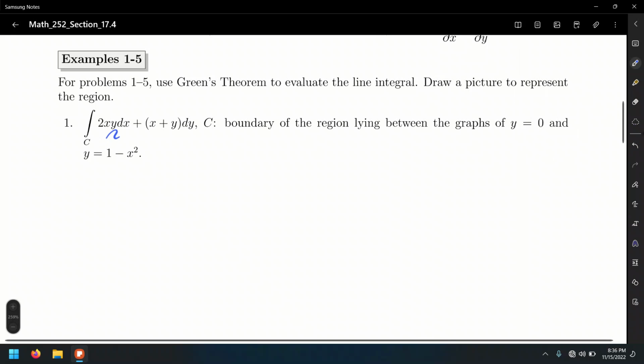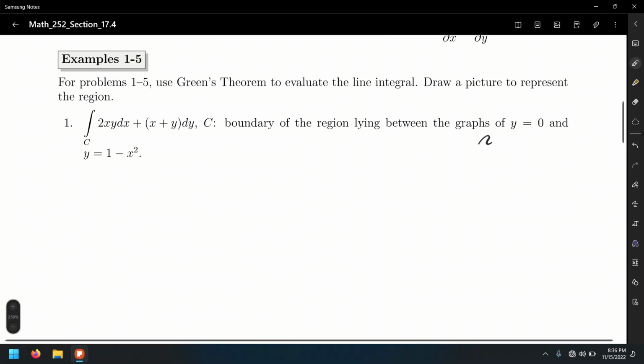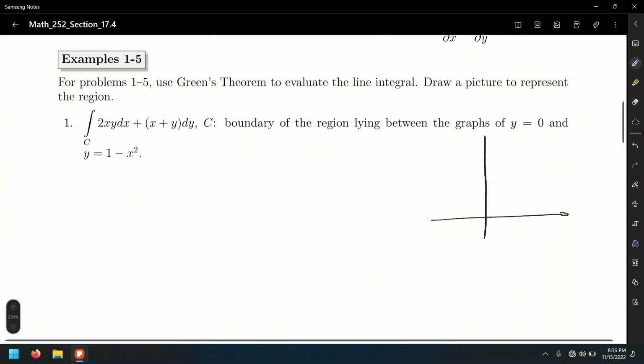Evaluate the integral of 2xy dx plus (x plus y) dy, where C is the boundary of the region lying between the graphs of y equals 0 and y equals 1 minus x squared. Let's find out whether that region is closed. All right, so Cartesian plane, the graph of 1 minus x squared, that's a parabola pointing upside down and shifted 1 unit up.